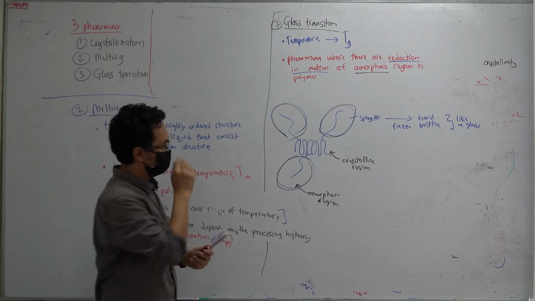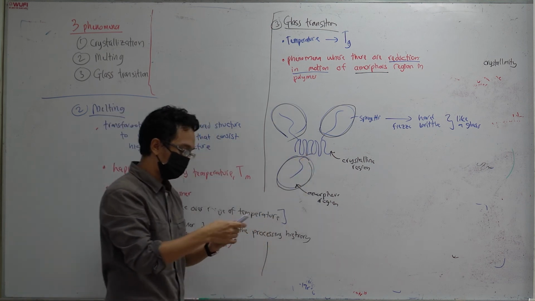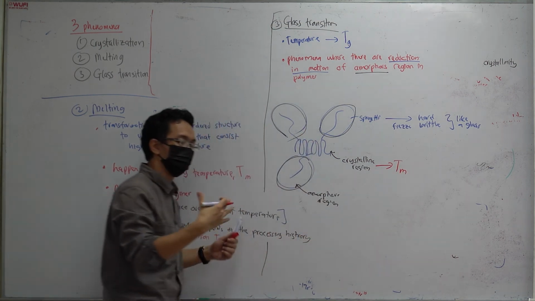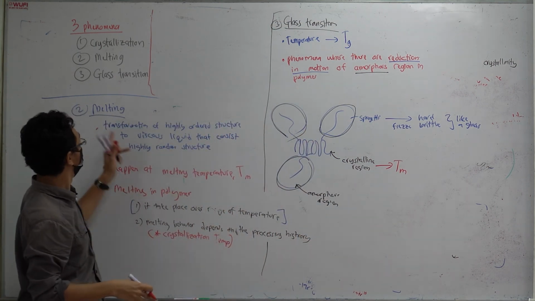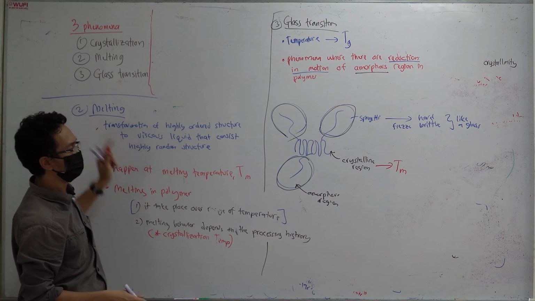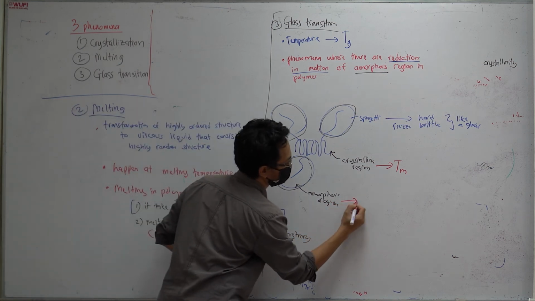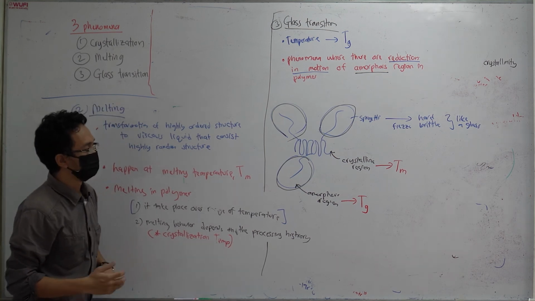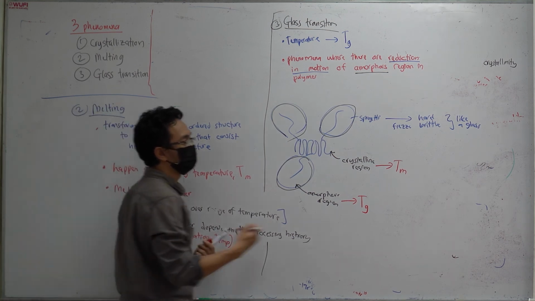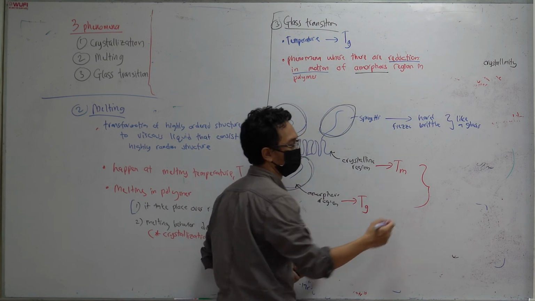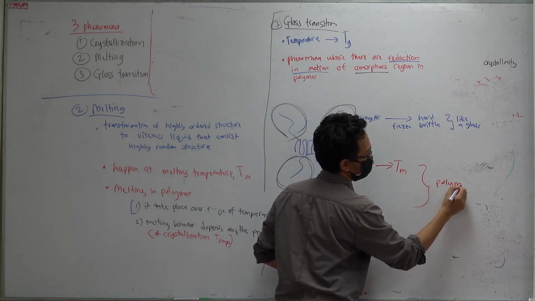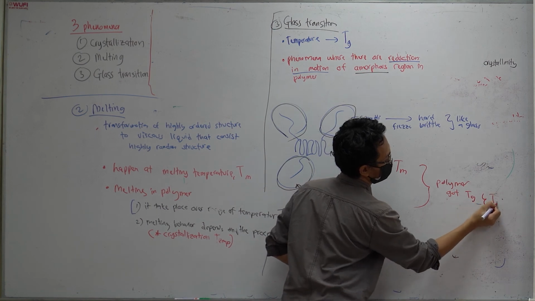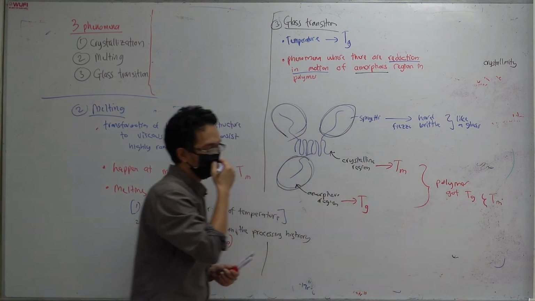Okay. So the crystalline region will experience the TM, the melting temperature. The amorphous region will experience the TG. So that's why when you see a polymer, typically it has TG and also TM. The glass transition and also TM.